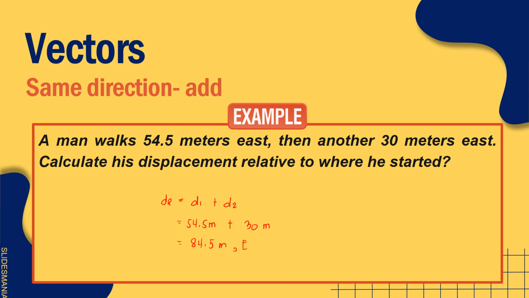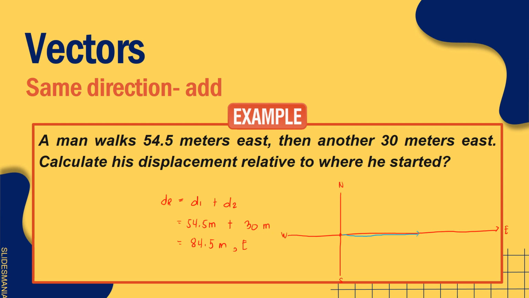It's east. So if we are going to illustrate that using the Cartesian plane, this is your east, south, west, and north. Let's have the first displacement, assuming that this is already 54.5.